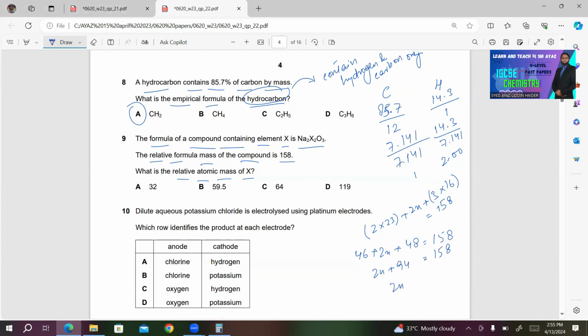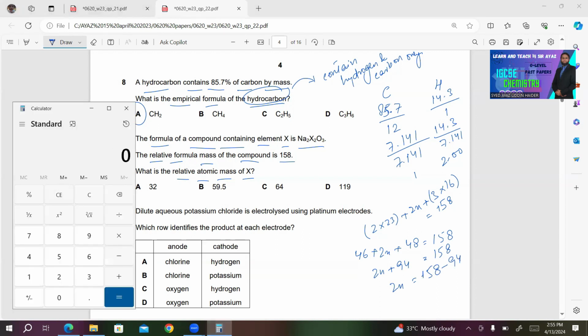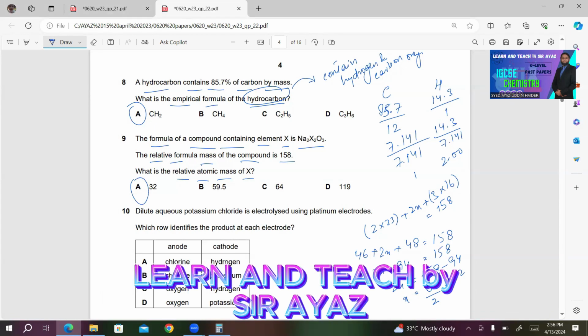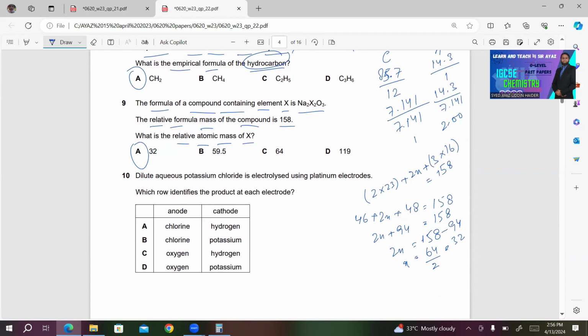Or 2x is equal to 158 minus 94. 158 minus 94, 64. So x is equal to 64 by 2, which will be 32. So A must be the right answer for number 9. This will be the atomic mass of X.